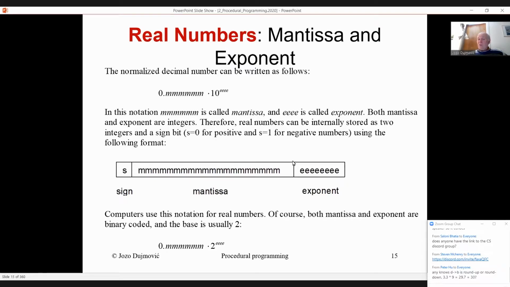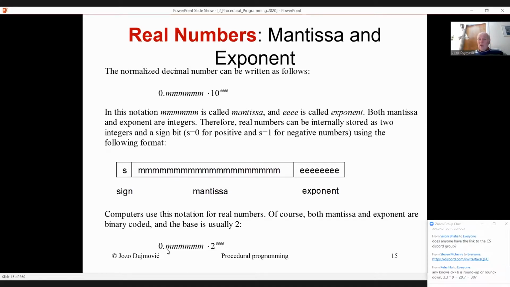Exponent is usually 8 bits in standard precision, so the largest value that can fit inside is 127. And Mantissa has 23 bits, because this is 8 and this is 23, plus 1 gives you 24 plus 8, 32. Therefore, the sign is the first thing, and after that you have the bits of the Mantissa.